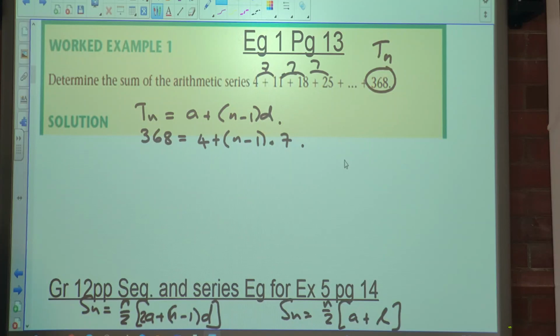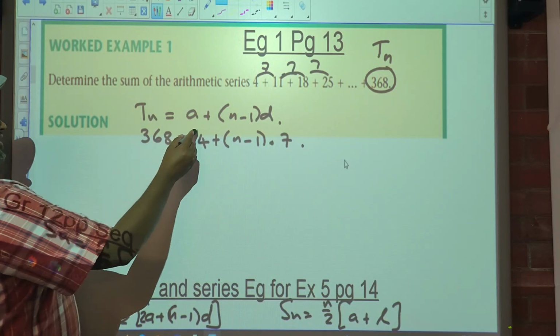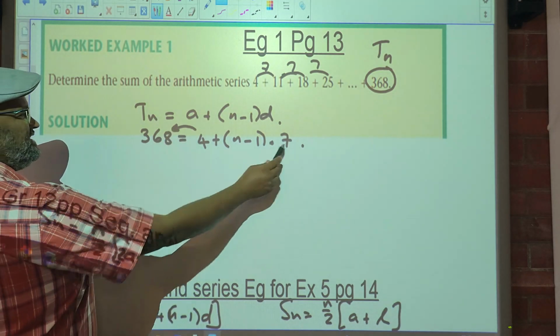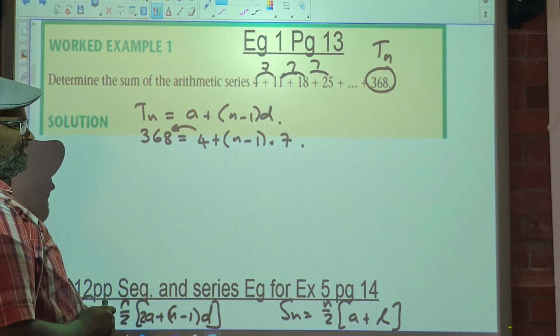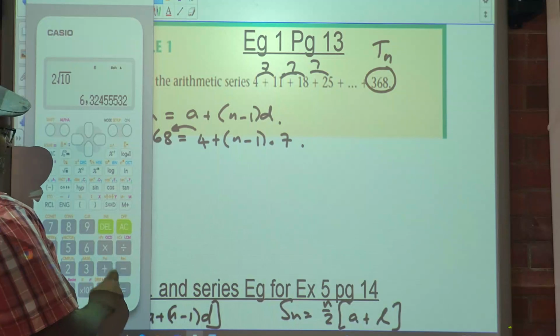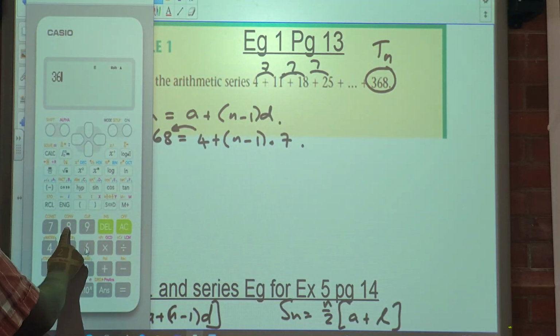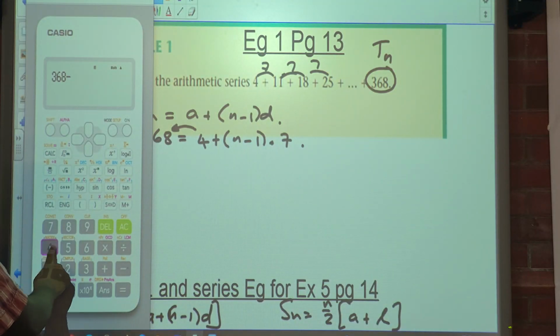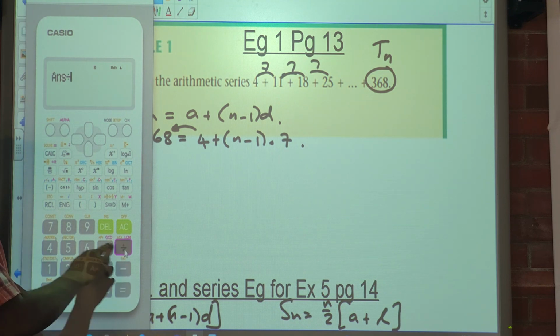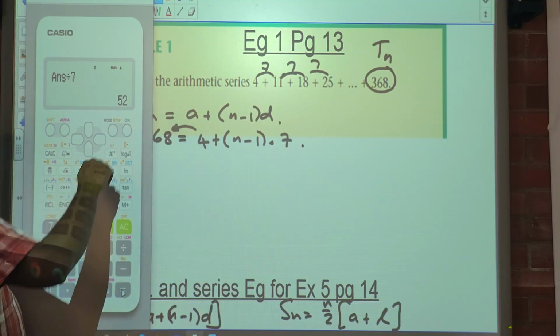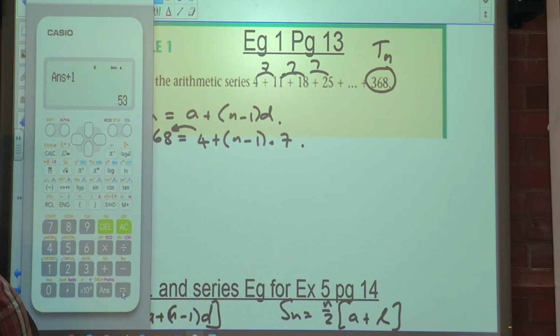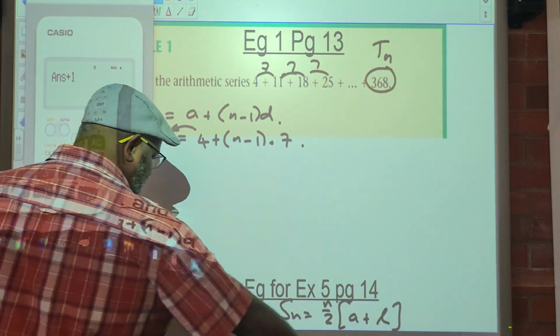Now what do I do? Take the 4 over. Or can I add the 7 and the 4? No. Unlike terms, no? So we got 368 minus 4, 364, and then I divide it by 7. 52. Then I take the 1 over. Becomes 53. You all agree with that?